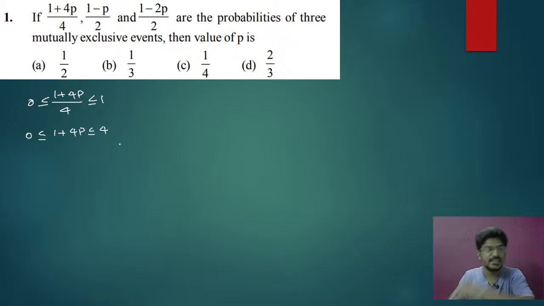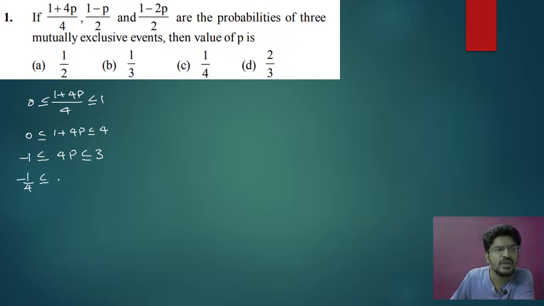Next we subtract 1 on all 3 sides: minus 1, 4p, lesser than or equal to 4 minus 1, which is 3. Dividing by 4 on all 3 sides: minus 1 by 4, p, 3 by 4. Clear? So now you can see p is in between minus 1 by 4 and 3 by 4.